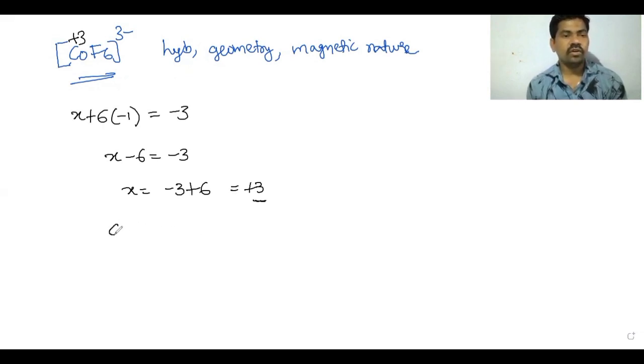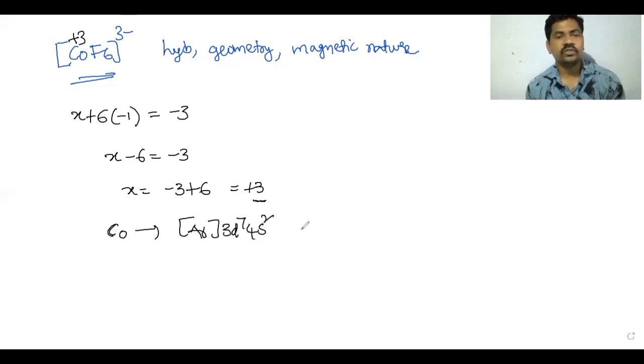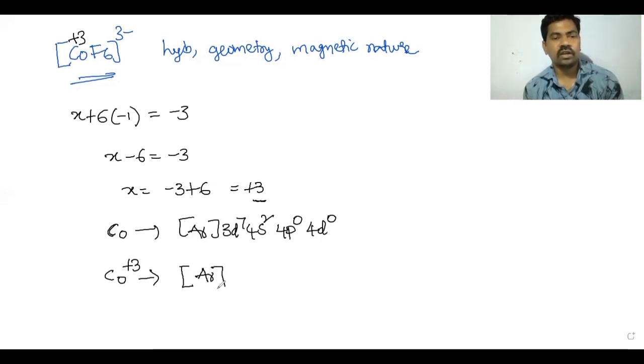What is the electronic configuration of cobalt in general? It is argon 3d7 4s2 4p0 4d0. In this coordination complex, cobalt is in +3 oxidation state, so 3 electrons will be removed from its original electronic configuration.